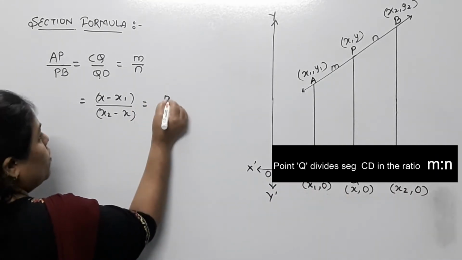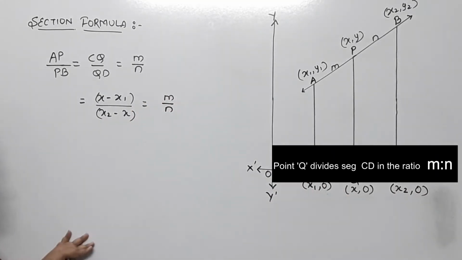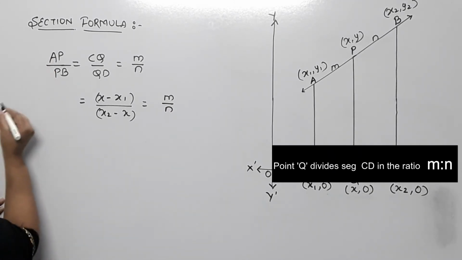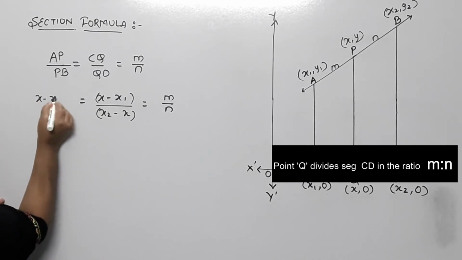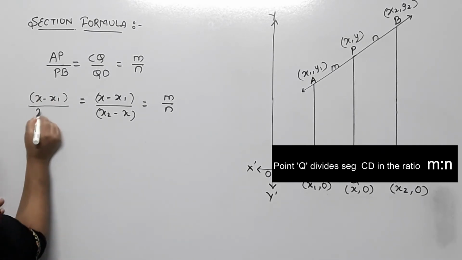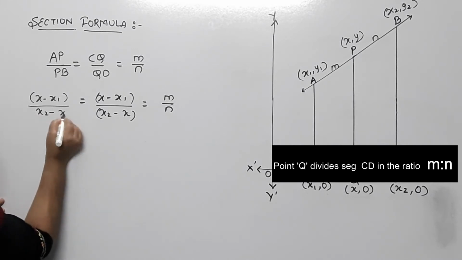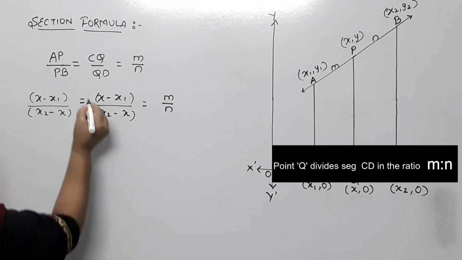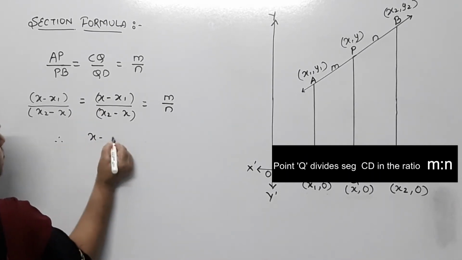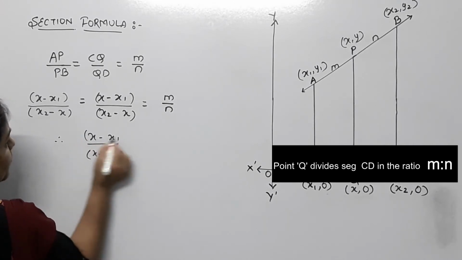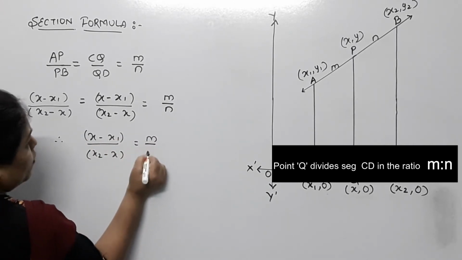That is equal to m upon n. Right? If we want, we can see AP also. AP will be x minus x1 and PB is x2 minus x. Right? So I'll take this one. Therefore, x minus x1 upon x2 minus x is equal to m upon n.